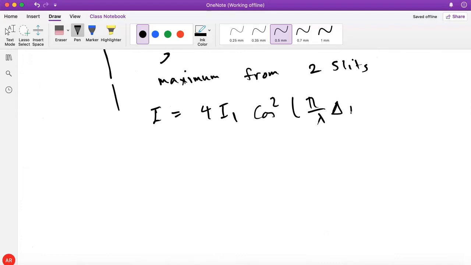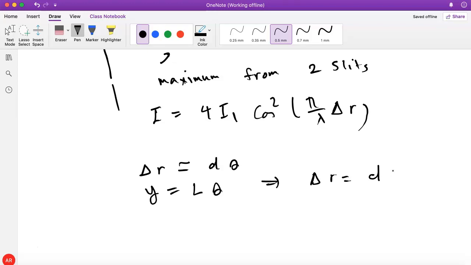So let me just keep this delta R. So we said delta R is roughly d theta, right? And the distance on the screen, y, is roughly L times theta. So let's say delta R becomes d, and theta is y over L.